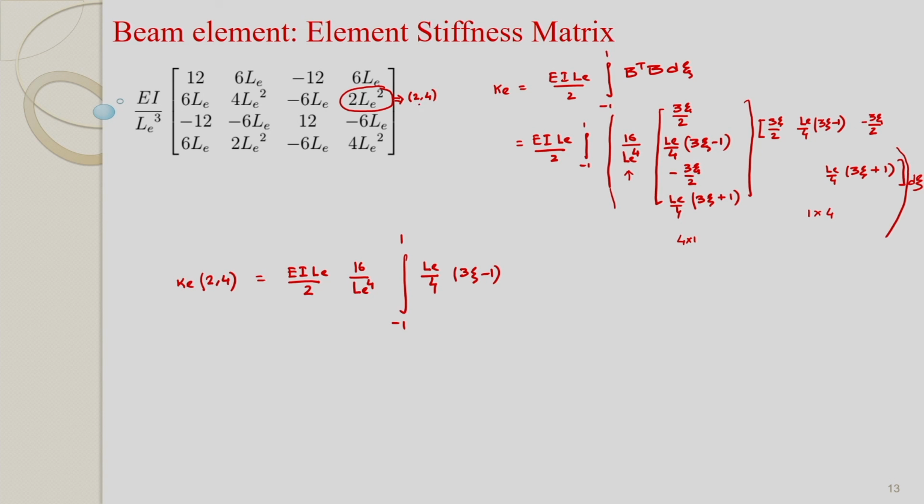So, for getting 2 comma 4, that is in second row and fourth column, we have to take the second row term of the first B transpose and fourth column term of B, dxi.